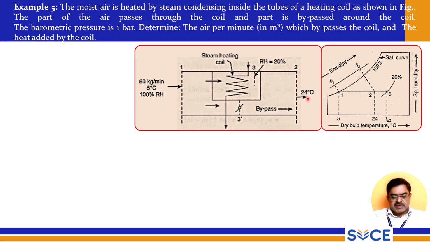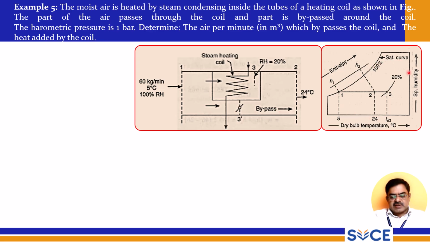The outlet is at 24 degrees Celsius and the inlet is at 5 degrees Celsius with 60 kg per minute mass flow and 100 percent relative humidity, and the coil condition has relative humidity of 20 percent. It is a steam heating coil. Now air passes through the coil and there is also a bypass, so that we have to find.